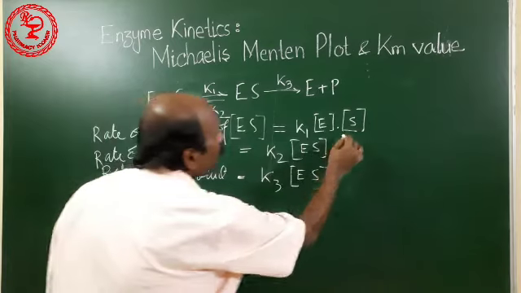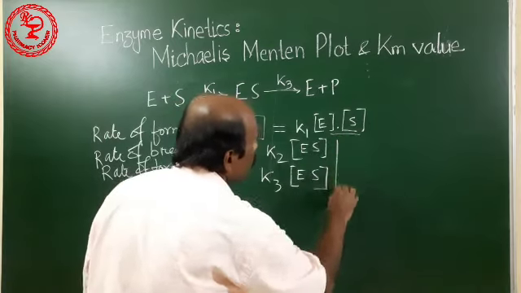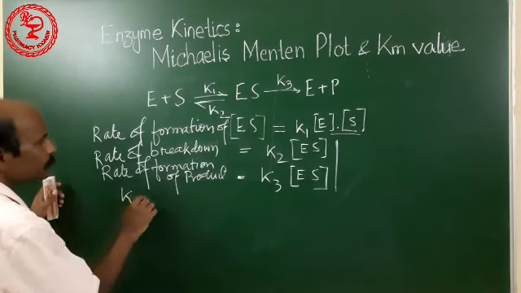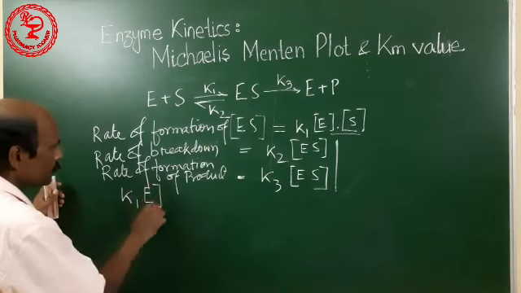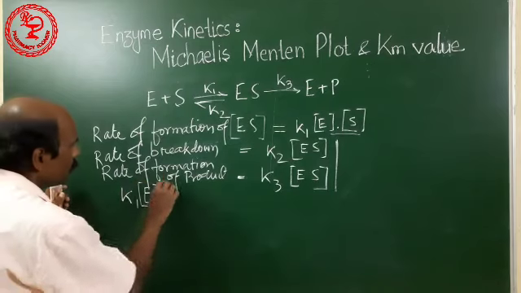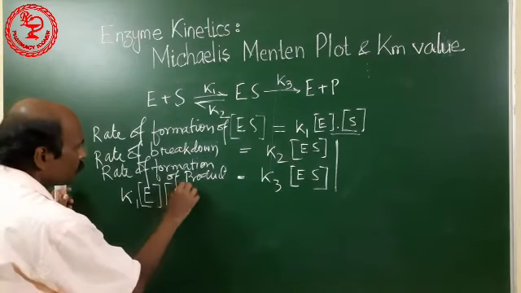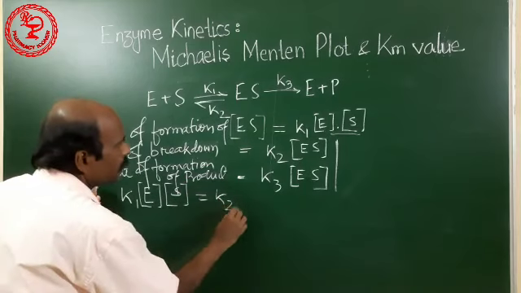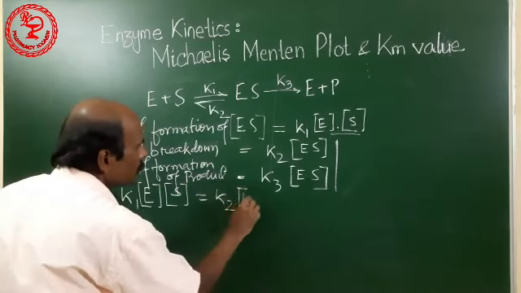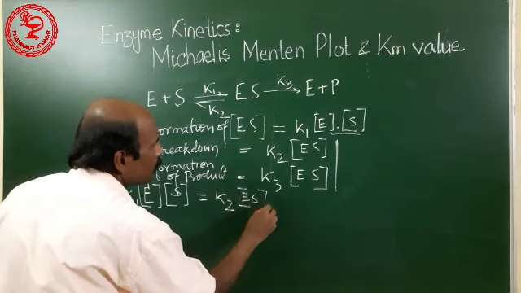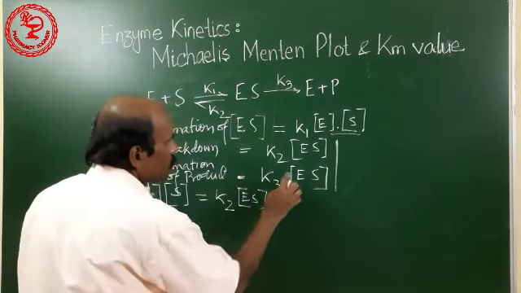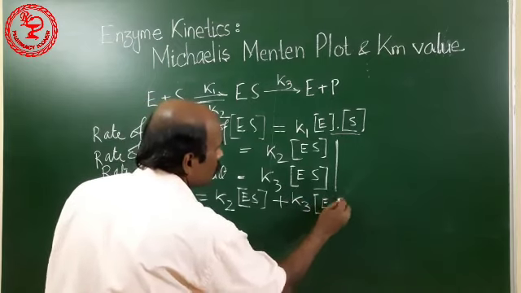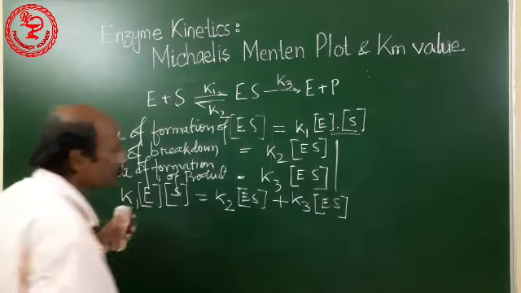So this will be equal to the total of this: K1 into enzyme concentration into substrate concentration will be equal to K2 into enzyme substrate complex plus K3 into enzyme substrate complex.